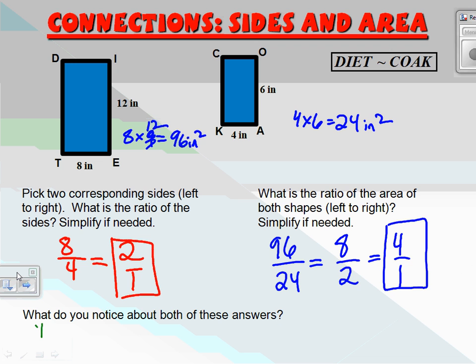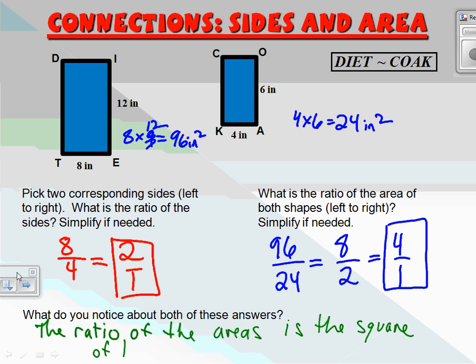The ratio of the areas is the square of the ratio of the sides.